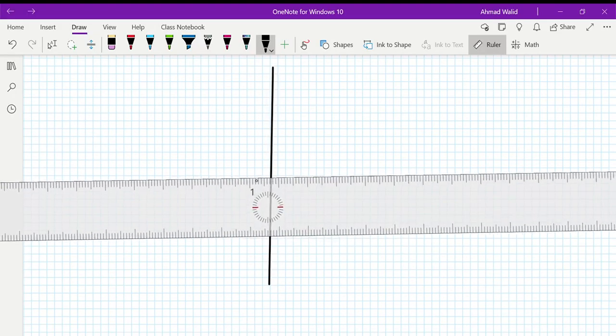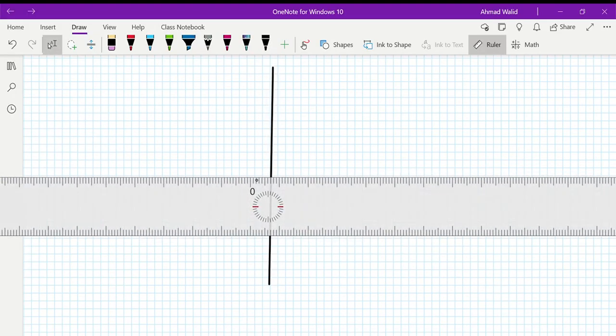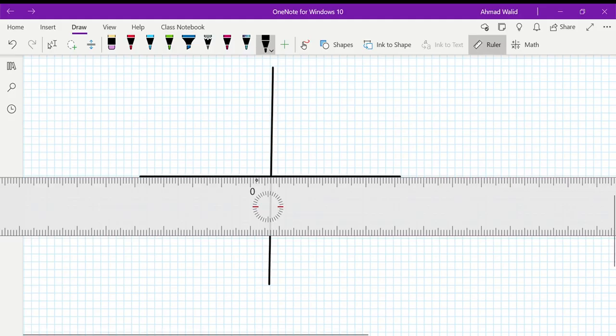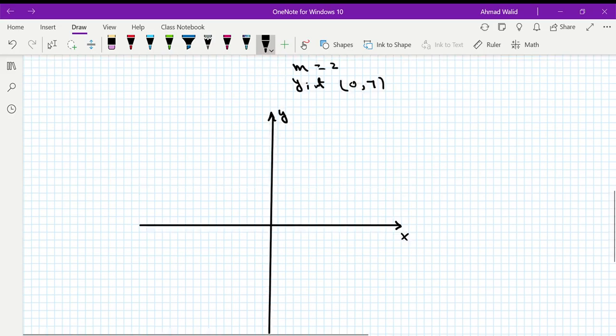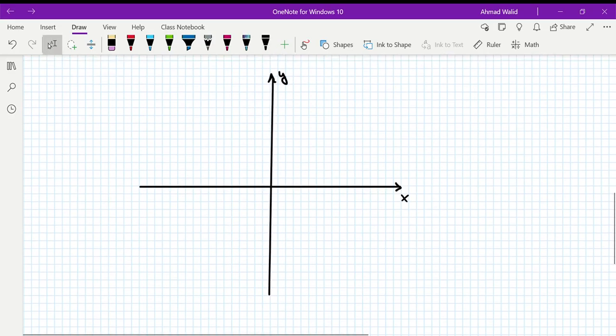I will draw both lines in the same system. X here, y here. The y-intercept for the first line was 0, 7.